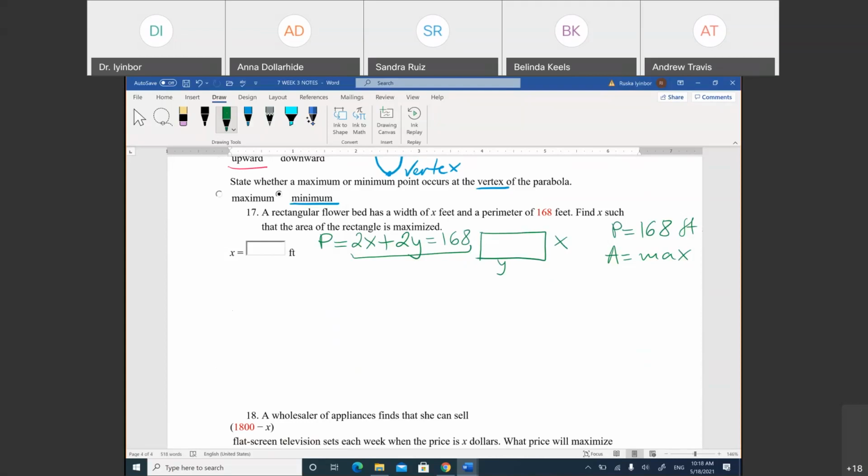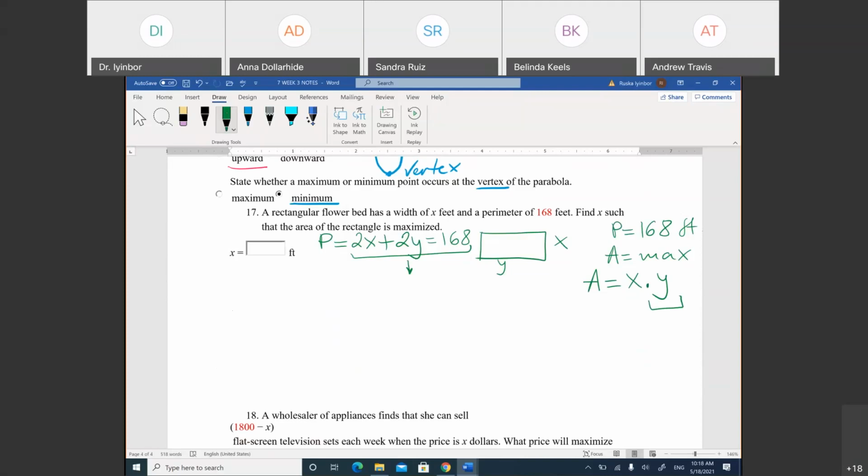So now what is the area for this rectangle? What is the formula for the area? It'd be x times y. Good job, x times y. So now in this formula, x times y, we have an area formula with x and y. So you're going to solve the perimeter equation for y, get y by itself, and then replace the y here, and you're going to have the area only in terms of x.